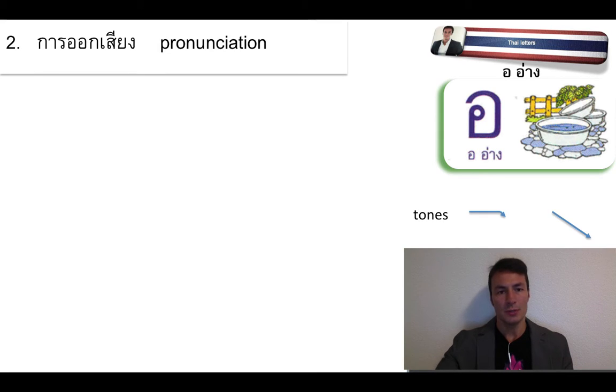Before we go into pronunciation, let me just give you a very quick intro to combination of consonants and vowels. So far, we've learned different consonants, like for instance, ga gai, a middle class consonant. And we've learned that it basically exists of two parts. The one to the left, ga, which is the consonant, and the marker word, gai.